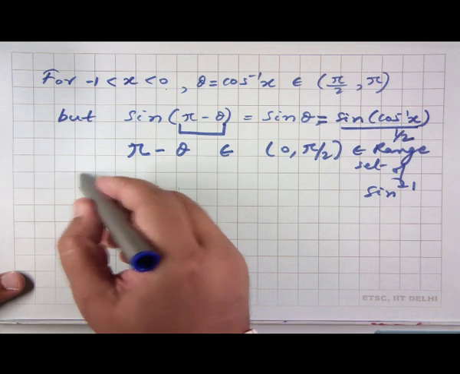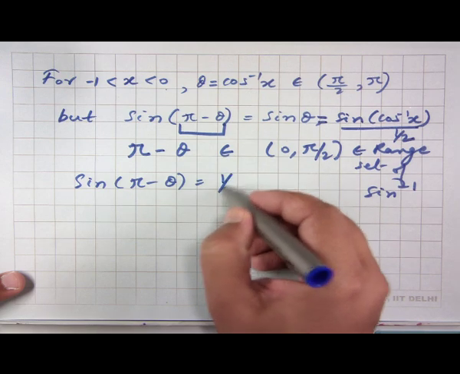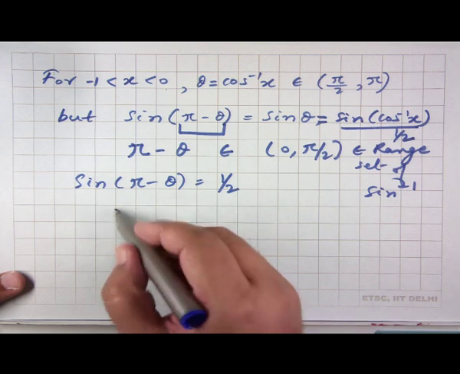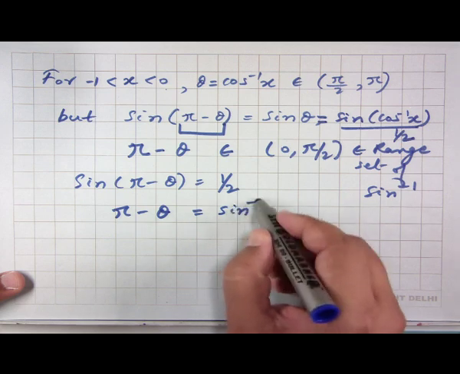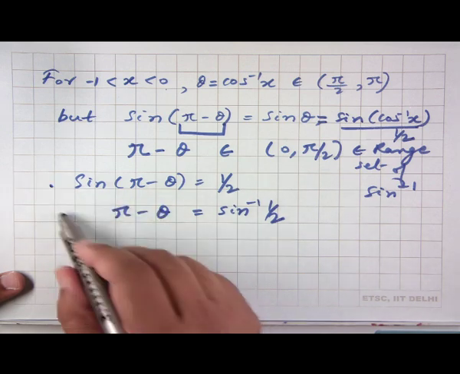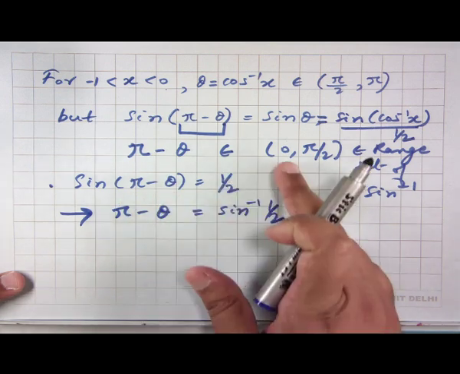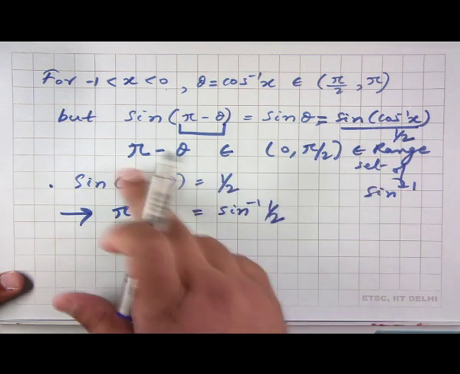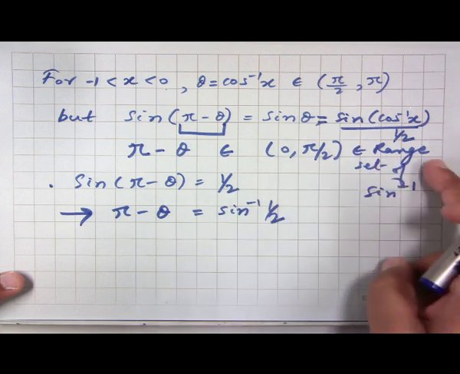So, what we have is sine of pi minus theta equals half, and then obviously we can say that pi minus theta equals sine inverse of half. We can conclude this line only because pi minus theta belongs to 0 to pi by 2, which is a subset of the range set of sine inverse.